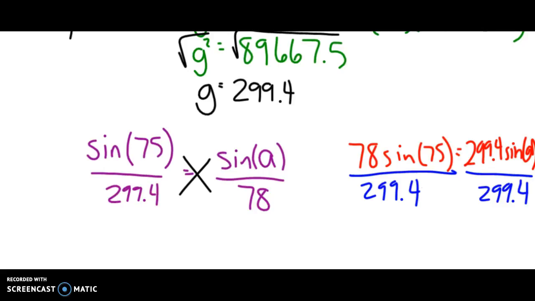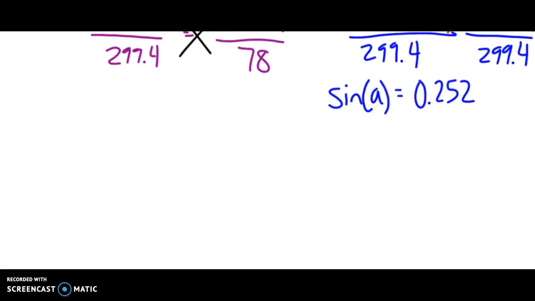Go into my calculator. And I find that the sine of my missing angle A is equal to 0.252 approximately. Now to figure out the value of A, I take the inverse sine of both sides.